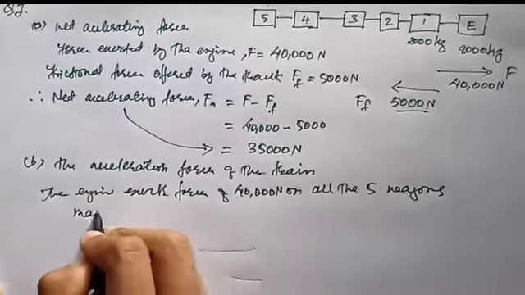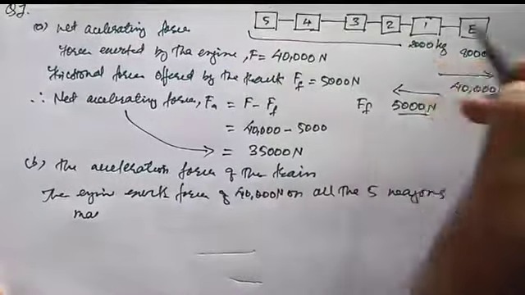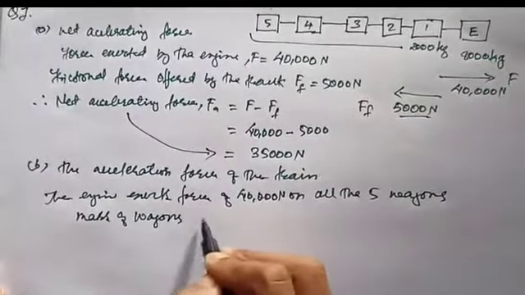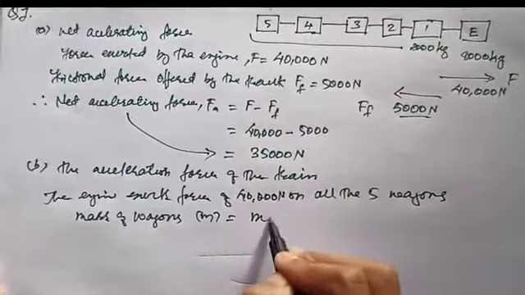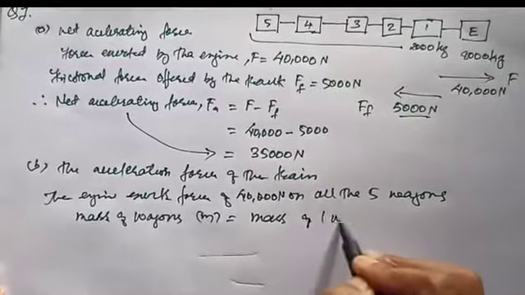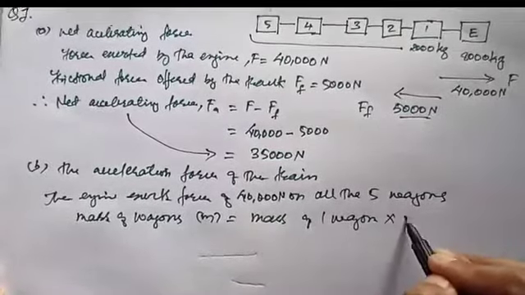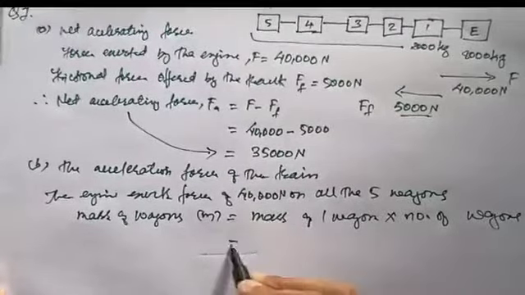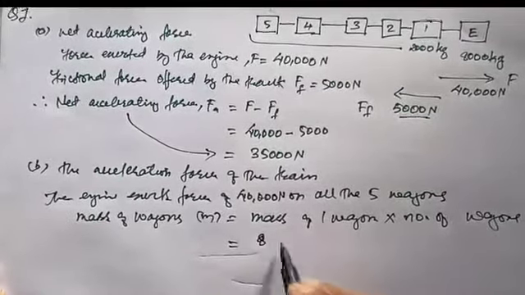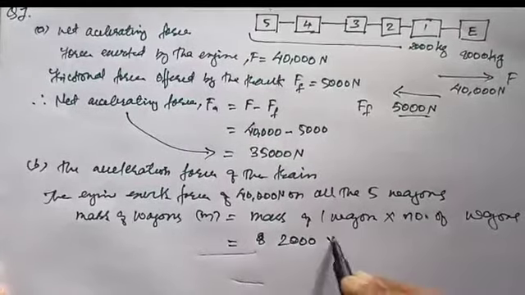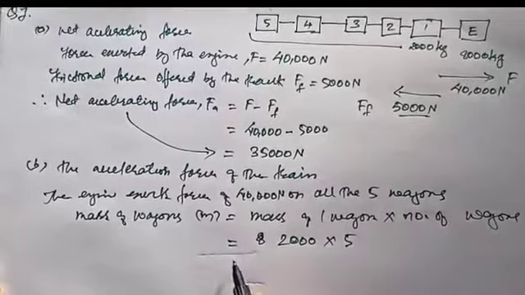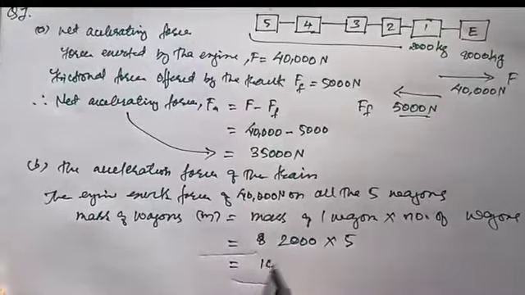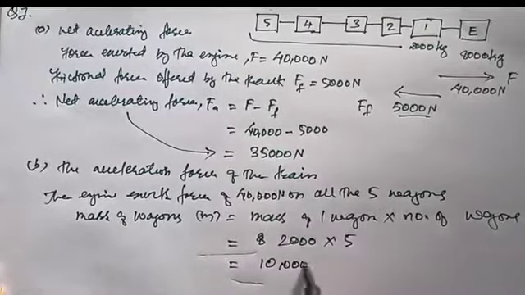So we have to first find out the mass of all the 5 wagons. M is equal to mass of 1 wagon into number of wagons. So what is the mass of 1 wagon? It is 2,000. And what is the number of wagons? 5. So if you multiply, you get 10,000 kg.